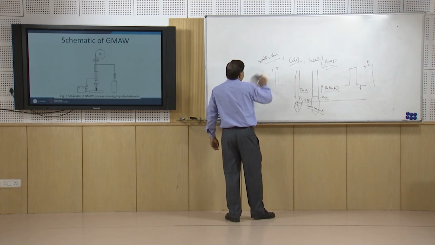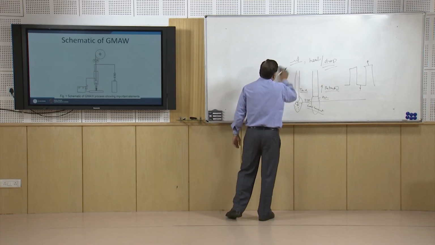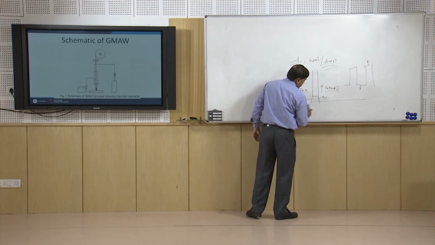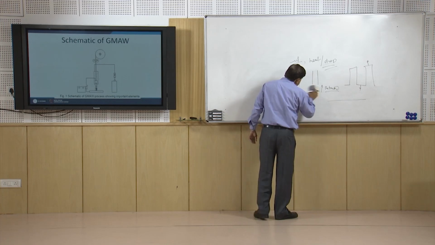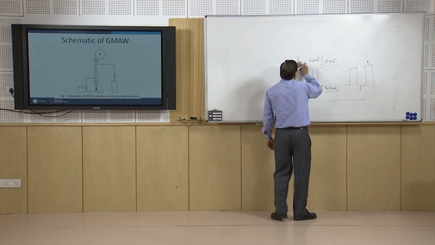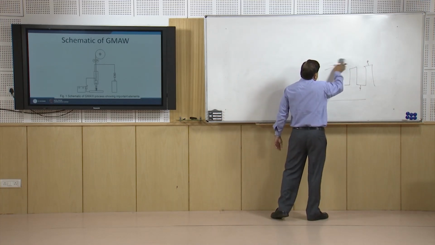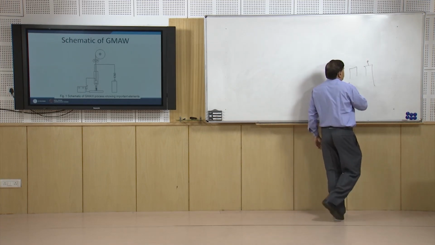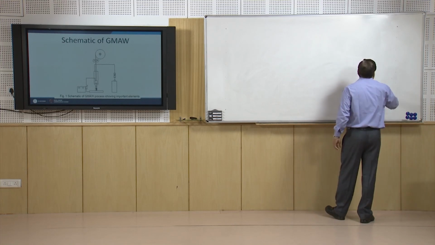The unique feature of this is that the pulsing helps to reduce the heat input, and with the touching we see the transfer in the short circuiting way. In short circuiting, when the current value is very low, the transfer is very spatter free, very smooth.